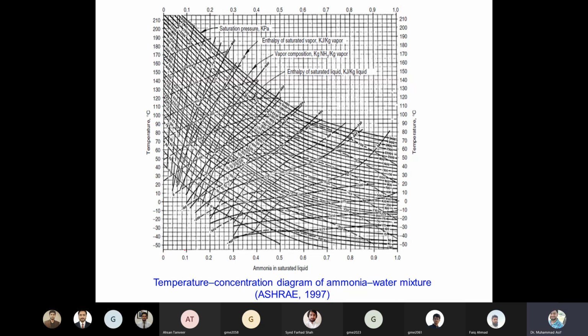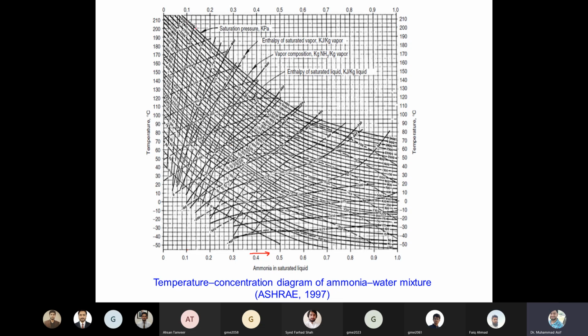And as you move on, let's say 0.1 mass fraction, you have 10% ammonia, the remaining is the saturated liquid. Similarly, if you move in this direction, the concentration of ammonia is increasing, right? So you need two properties at a time to read the remaining properties. So if you know the concentration of ammonia or the temperature, this is the operating temperature, you can have the other properties as well.